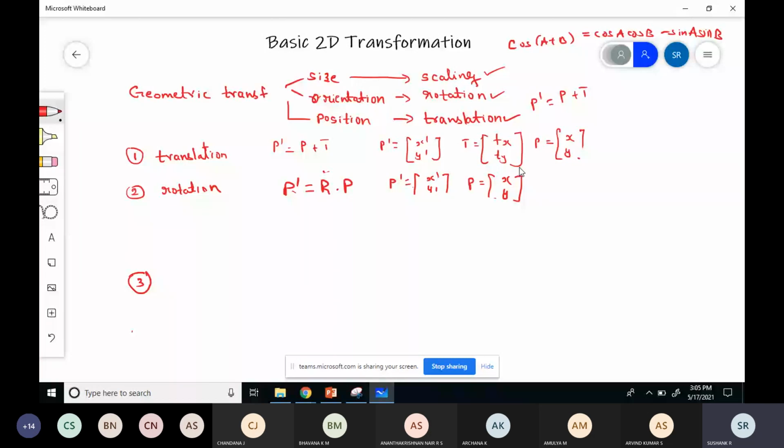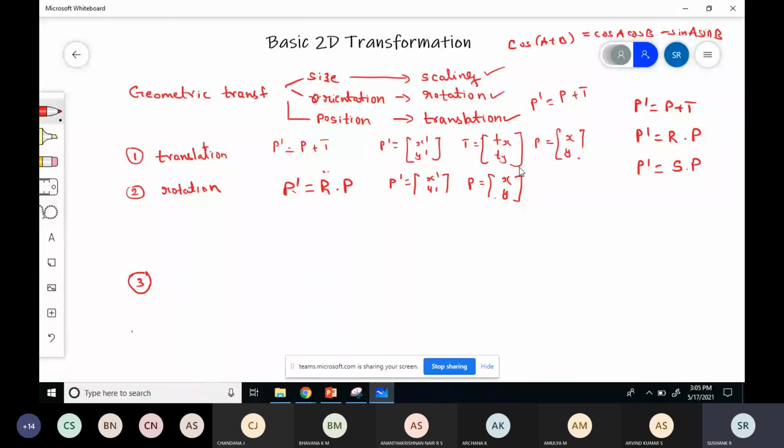So now we have studied three equations. P dash is equal to P plus T for translation. For rotation, P dash is equal to R into P. And for scaling, P dash is equal to S into P, the scaling factor.